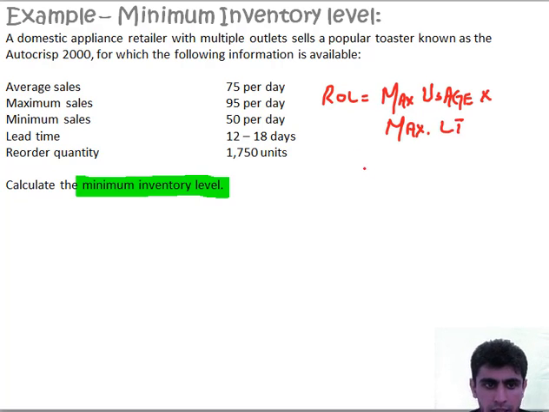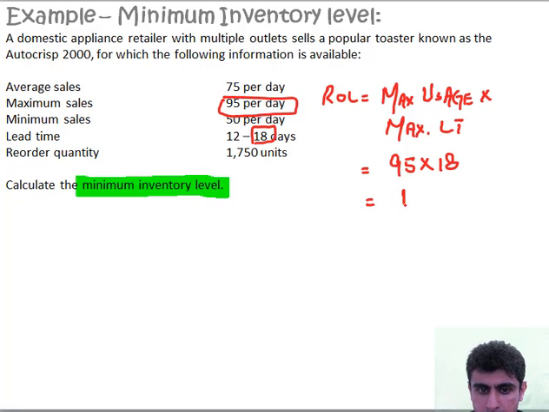So in this case, the maximum usage is our maximum sales, 95, and maximum lead time is 18. So we get a reorder level of 1710 units. Okay, so that's our reorder level.